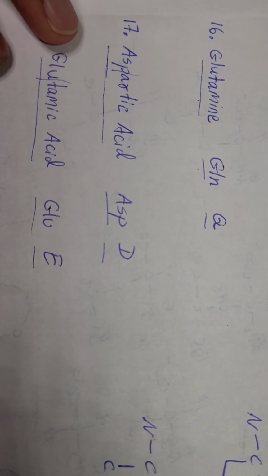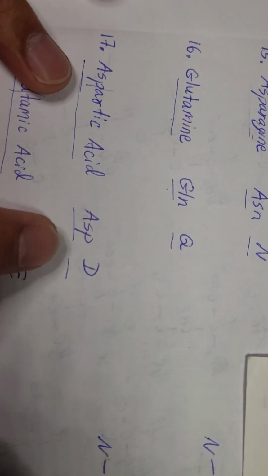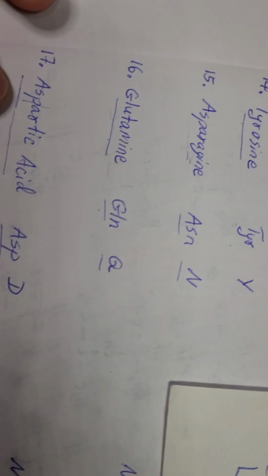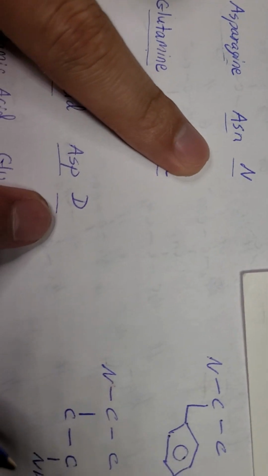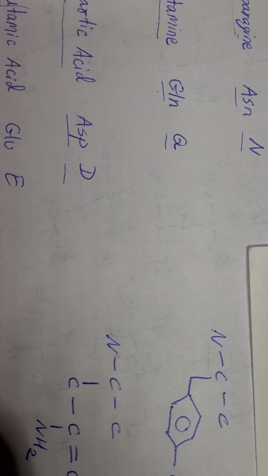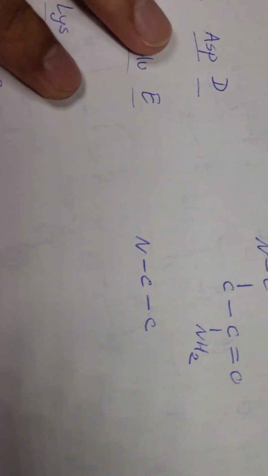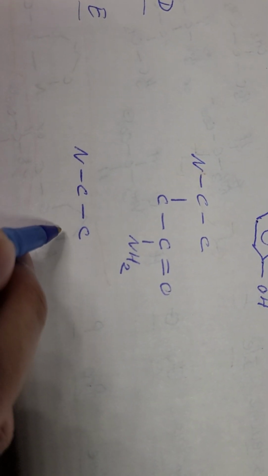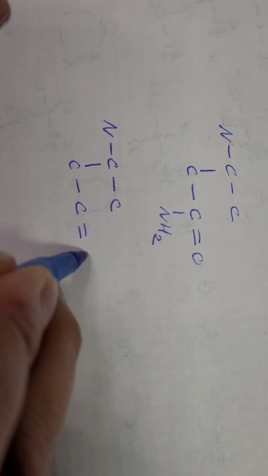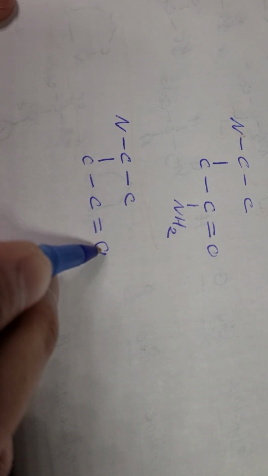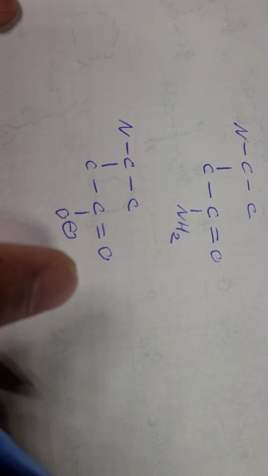You have to be careful with aspartic acid, because this one, ASP, is D, but this one, asparagine, ASN, is N. The difference, though it is pretty similar, is NCC, 2 carbon, one side is double bond oxygen, but this one is single bond with oxygen negative.